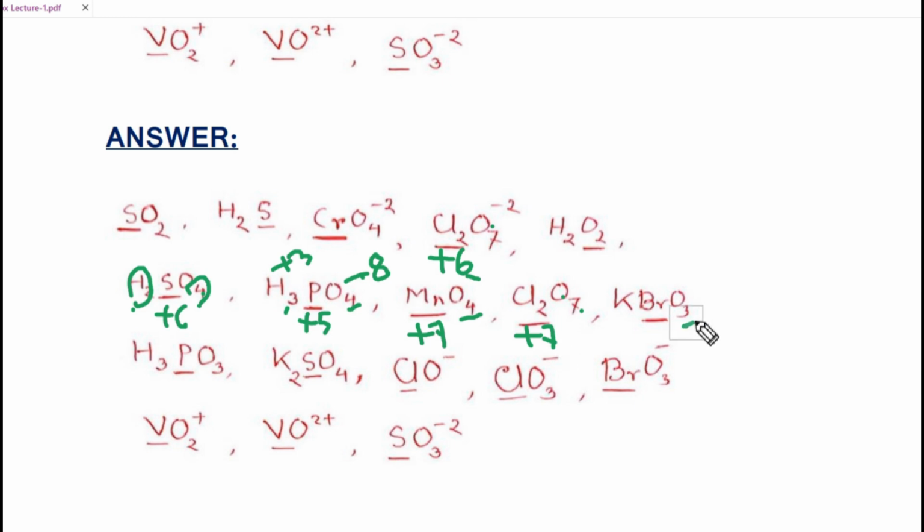Here oxygen 3 to the 6, minus 6, potassium plus 1, minus 5, so bromine will be plus 5, or opposite. Here oxygen minus 6, 3 hydrogen plus 3, phosphorus acid, so phosphorus will be positive 3.